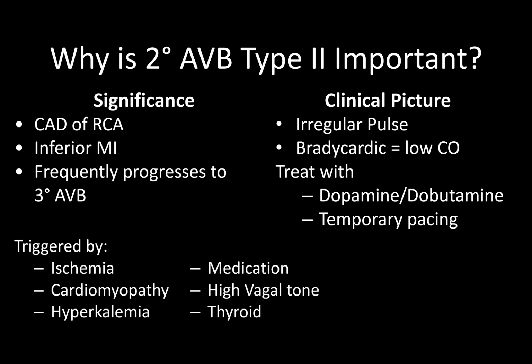Why is second degree AVB type II important? Well, similarly to type 1, it doesn't happen normally. It's because something is wrong with the heart. Most oftentimes it's due to ischemia. And so what we're looking at is possibly a heart attack is the first thing we assume, especially if this is new onset.